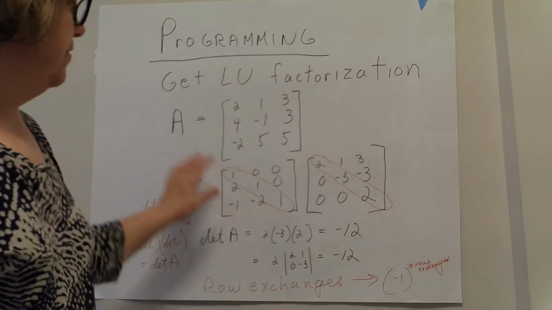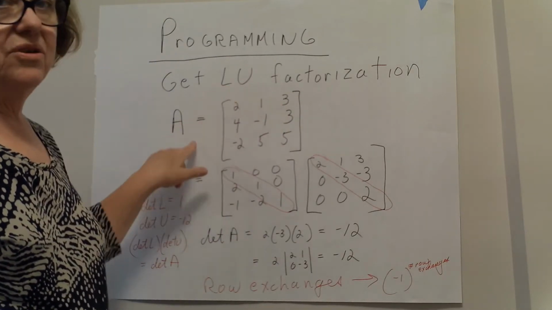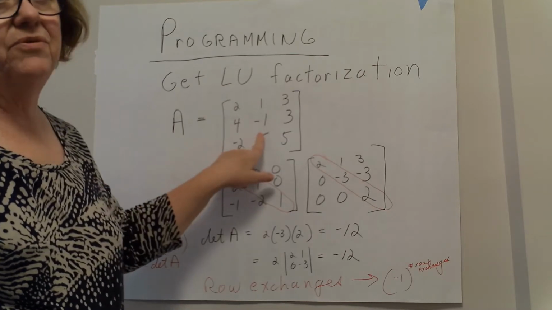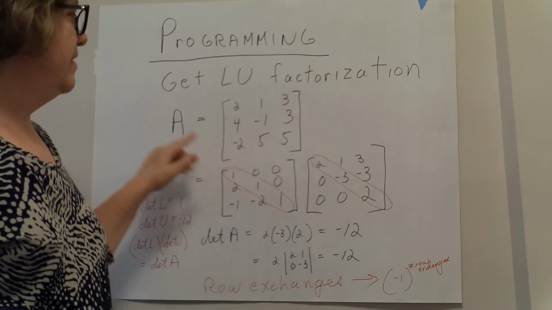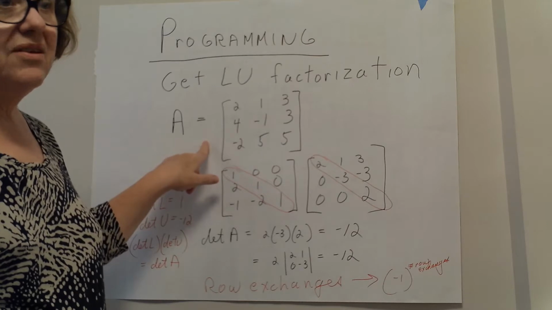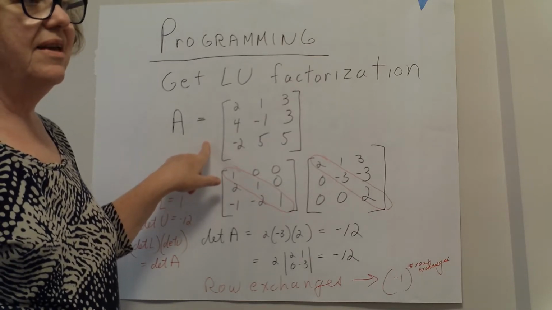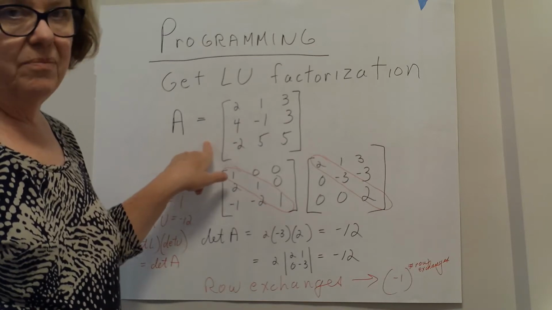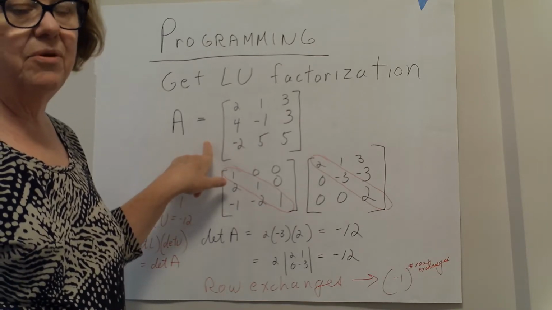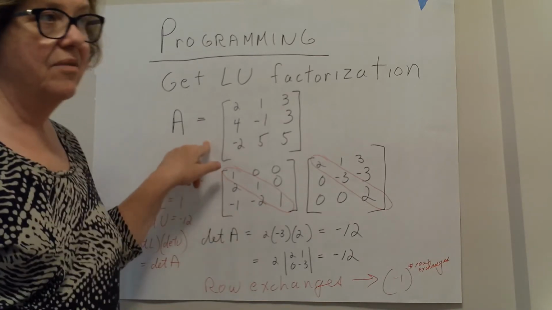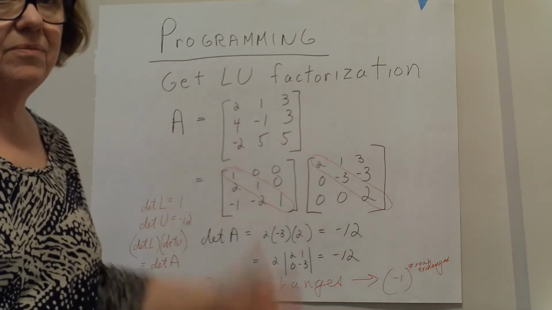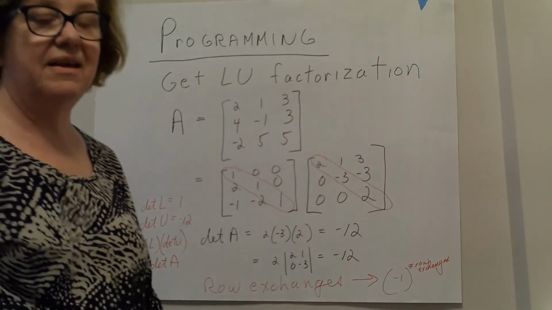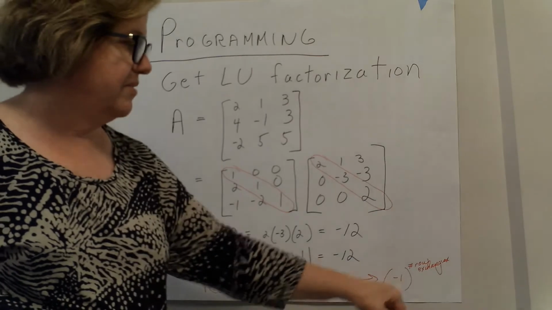Because remember, to do a row exchange, you multiply by a permutation matrix. If there's an even number of row exchanges, the determinant of the permutation matrix is going to be 1. If there's an odd number of row exchanges, the determinant of the permutation matrix is going to be negative 1. And that's where this comes from.